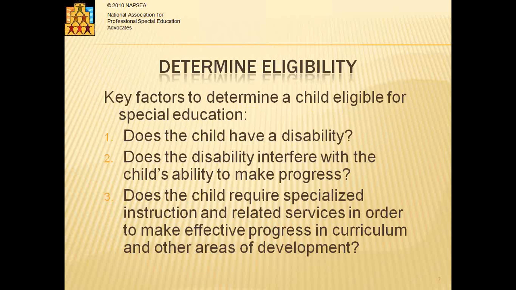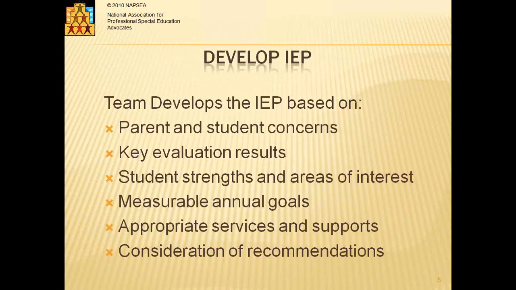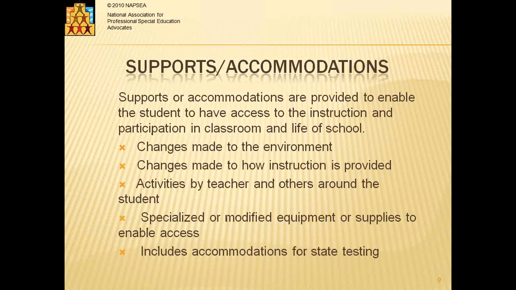Does the child require specialized instruction or related services? If those are all yes, then the team develops the IEP. Now the IEP is based on the parent and student's concerns, the key evaluation results, the student's strengths and interests, the measurable annual goals, the appropriate services and supports, and the consideration of the recommendations from the evaluations.